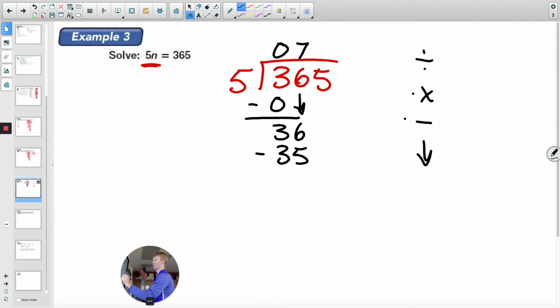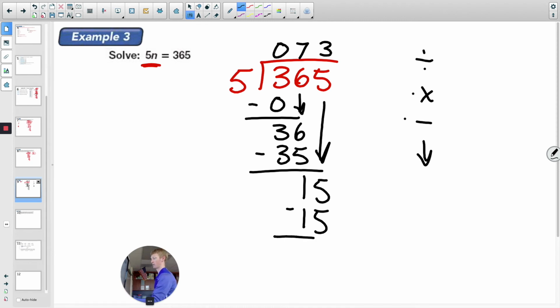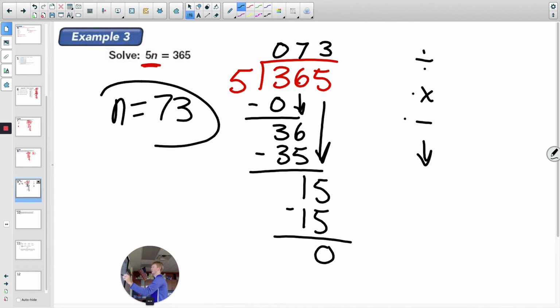Subtract, gives me 1. Bring it down, gives me another 5. Divide, 15 divided by 5 gives me 3. Multiply, 5 times 3 is 15. Subtract, and I got a 0, so I'm done. So n equals 73 in this case.